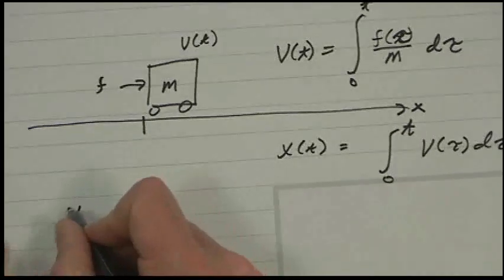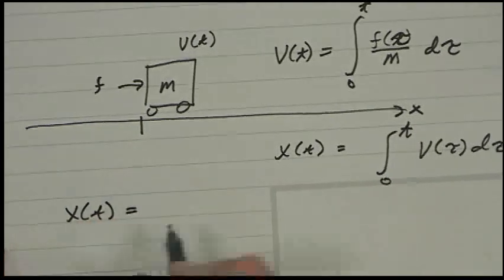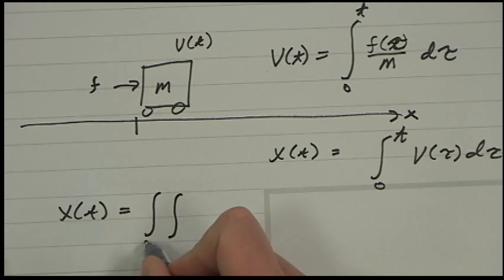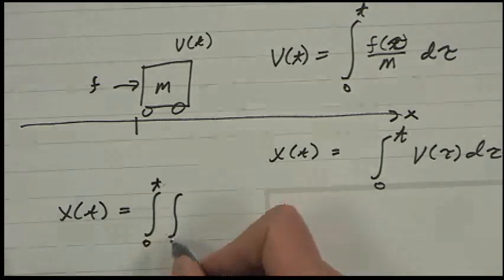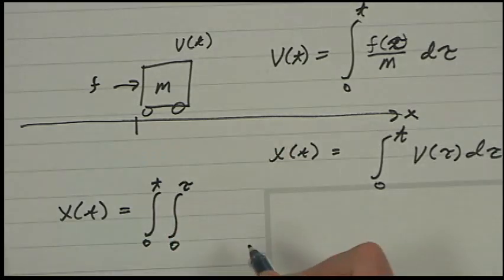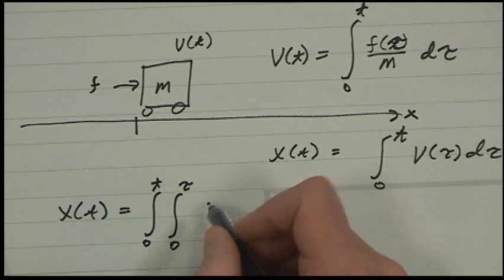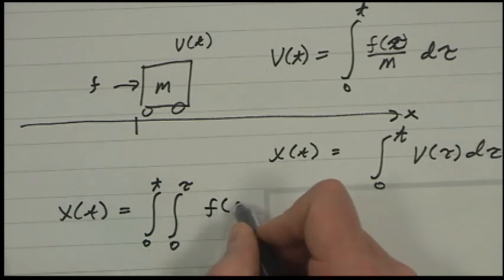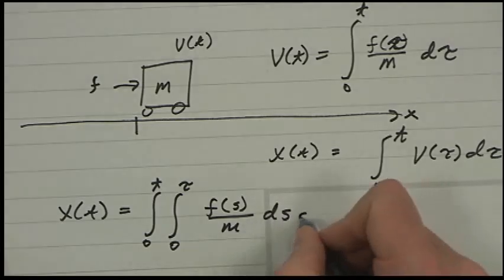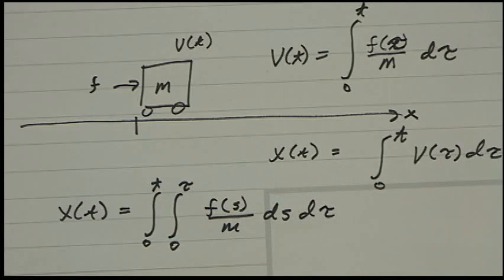So the position x of t is the double integral, from 0 to tau, of f of s over m ds, and then d tau. So the position is the double integral of the force.